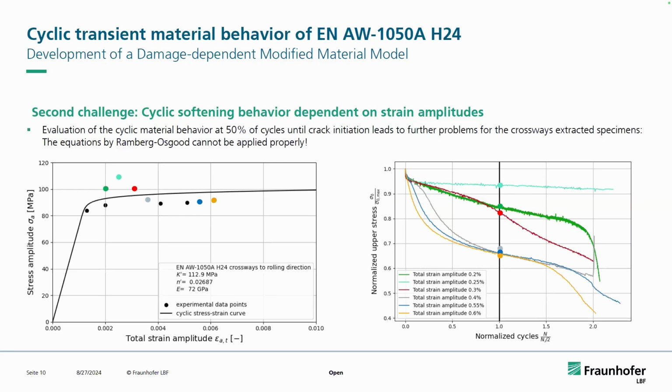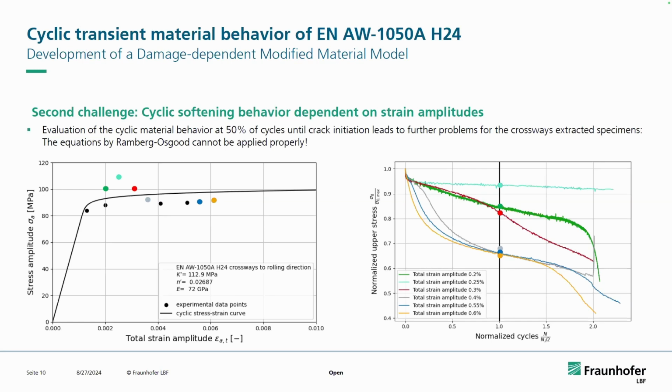And the reason for that is that the cyclic softening behavior is also dependent on the strain amplitude, at least for the crossways extracted specimens. And that you can pretty much see here. So you see the higher the total strain amplitude, the faster the softening happens.